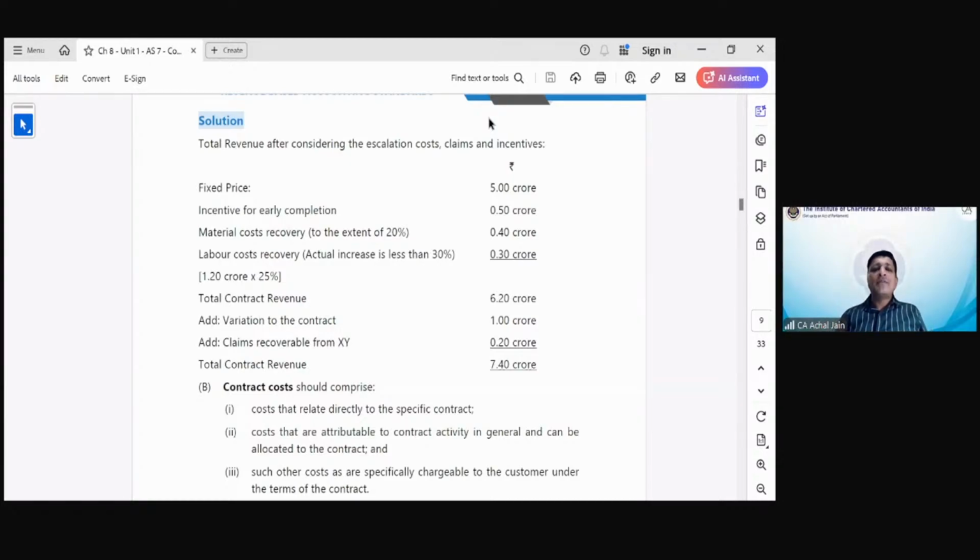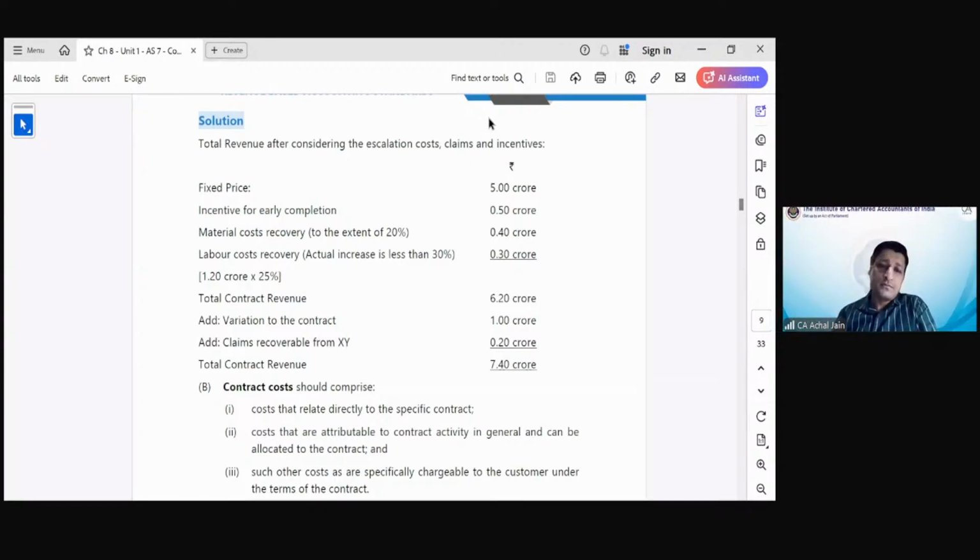Okay. Then it says contractor incurred a cost of 20 lakhs for some approval or some miscellaneous cost, which he'll be able to claim from the customer. Okay, so there's absolutely no problem as far as that claim is concerned. So you'll add that 20 lakhs. So what do you get?